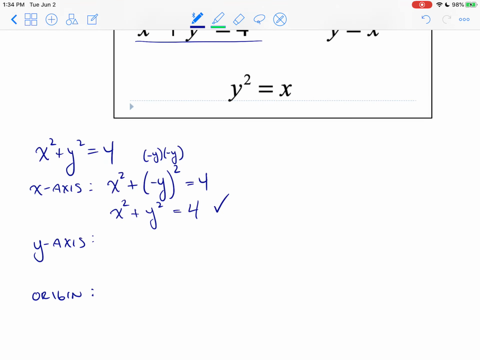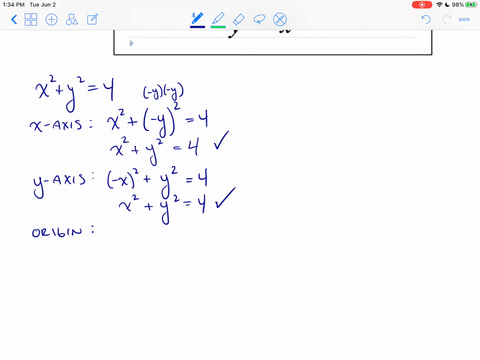Likewise, if I check y-axis symmetry, instead of replacing y with negative y, I'm going to replace x with negative x. And for the same reasons that we had x-axis symmetry, it appears that we have y-axis symmetry as well. Check. And now let's go for origin symmetry.